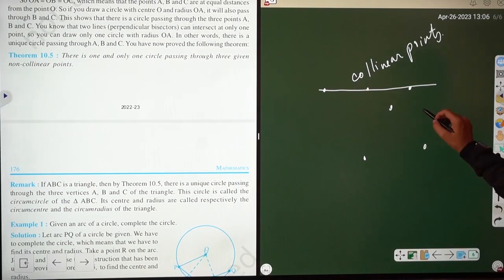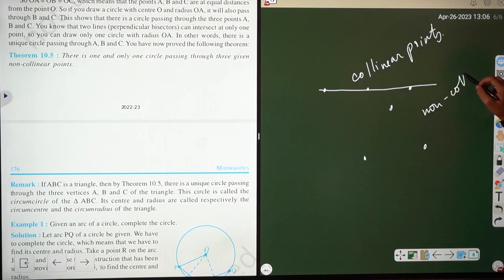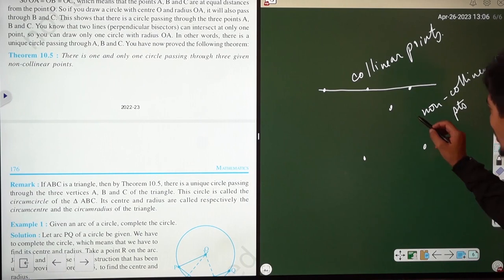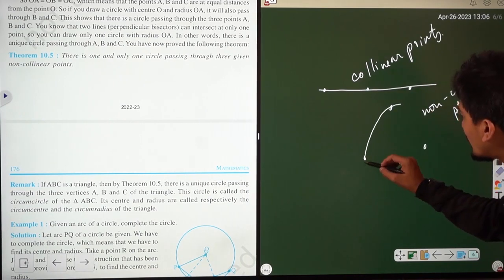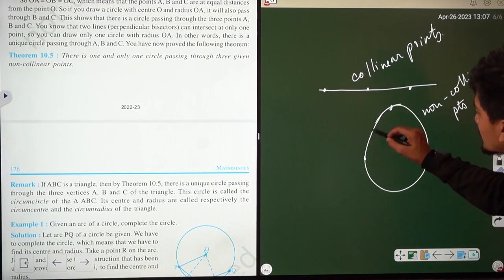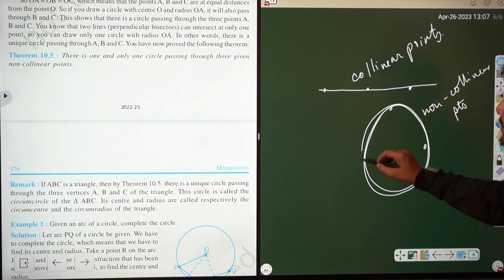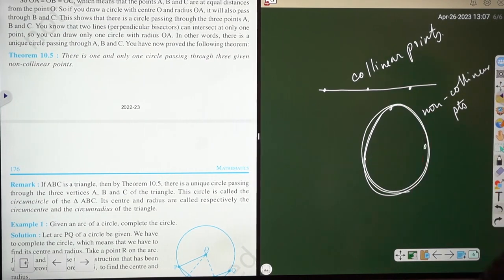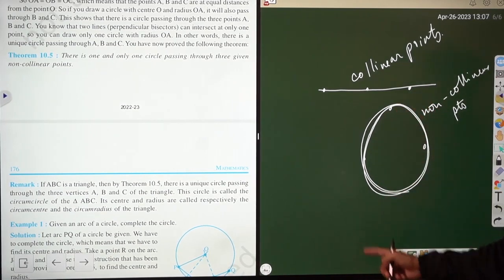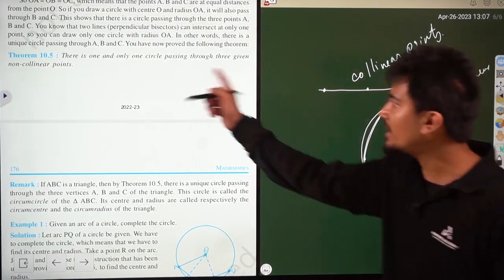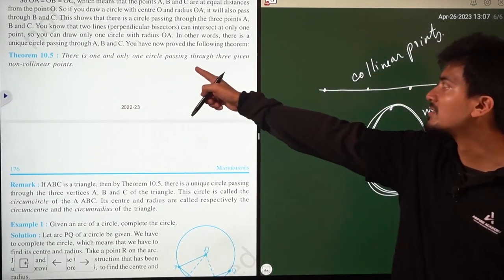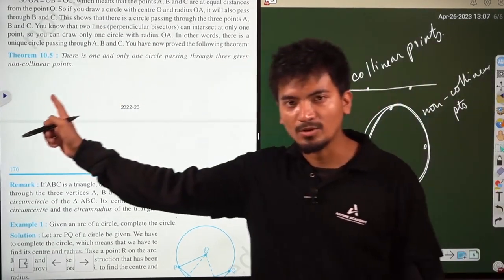So we call them non-collinear points. Okay? Now, you can observe that only one circle can pass through these three non-collinear points. Only one circle can be drawn through these non-collinear points. This is what is written here.